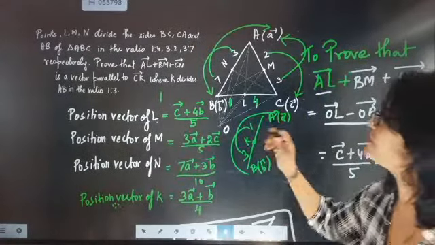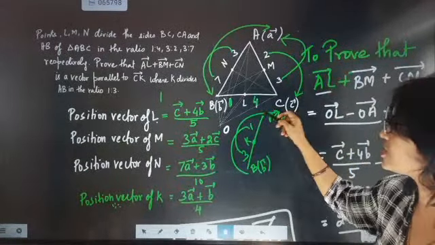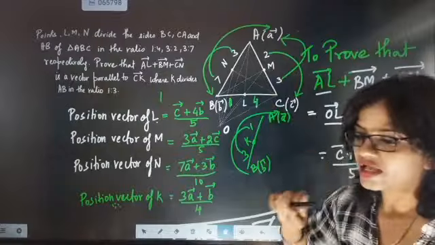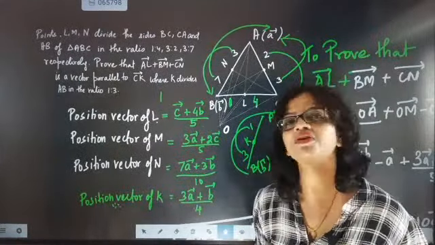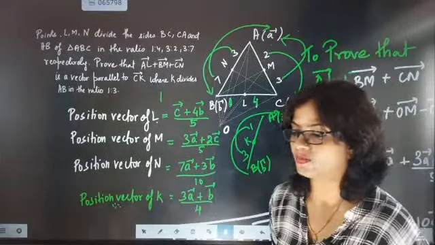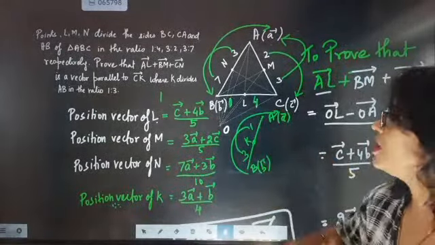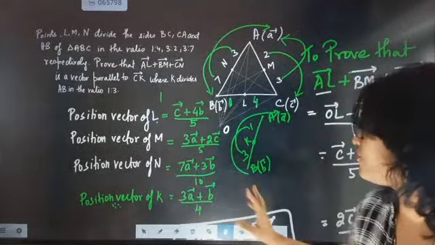Once I connected everything with the origin, then the ratios come as 1:4, 2:3. See, I wrote the ratio part very systematically. Whatever ratio they have given, I never played with it. Whatever was given, I wrote, and first I got the position vectors of all the points.